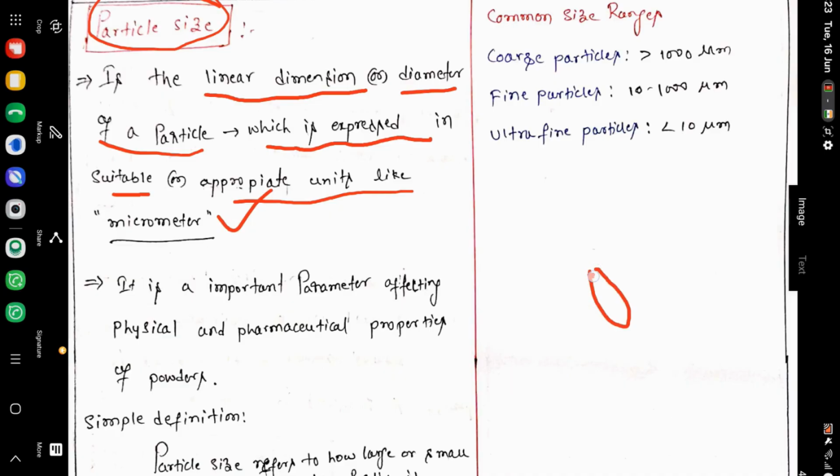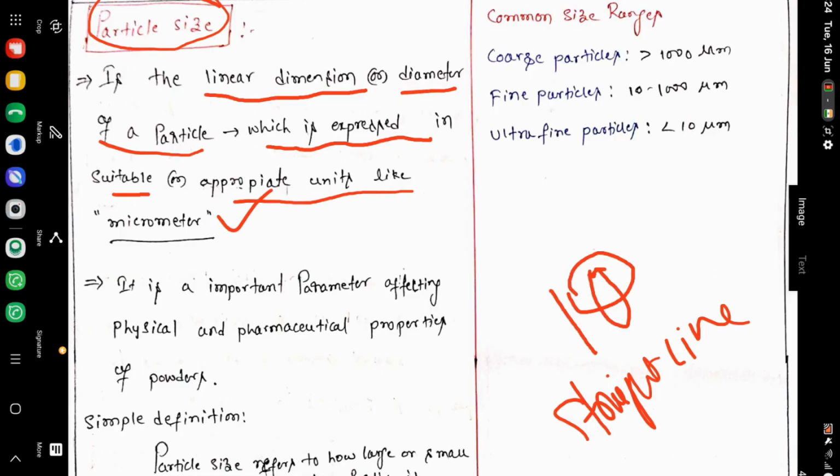What is the meaning of size of the particle? It is a linear dimension. Linear means straight line dimension, or a diameter, of a particle.